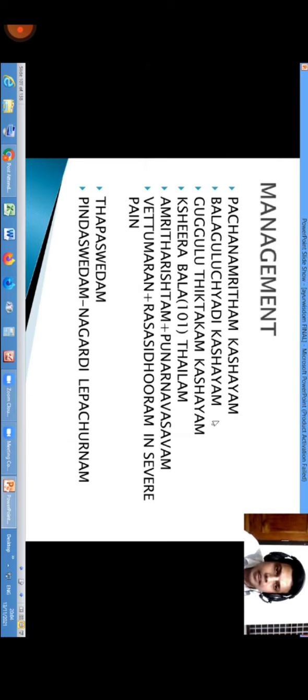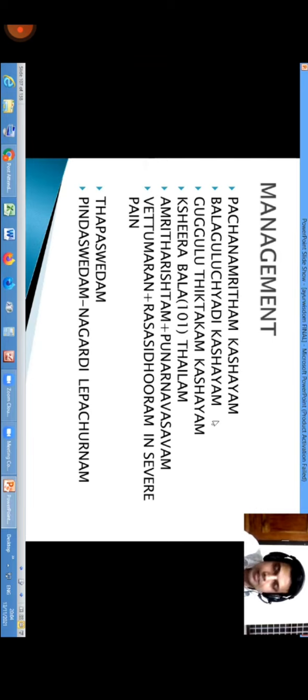Then coming to the management, Pathyakshadhatryadi Kashayam and Vilwadi Kashayam are found useful. It is purely a Vatarakta condition, and Guggulutiktaka Kashayam we can use. Sthirabala Avartti internally we can use. Amrutottaram Kashayam and Punarnavadi we can use initially. Vettumaran or Rasasindooram in severe pain we can use.